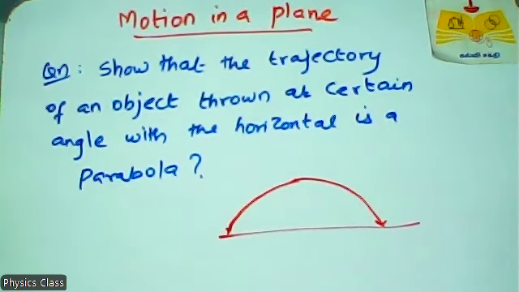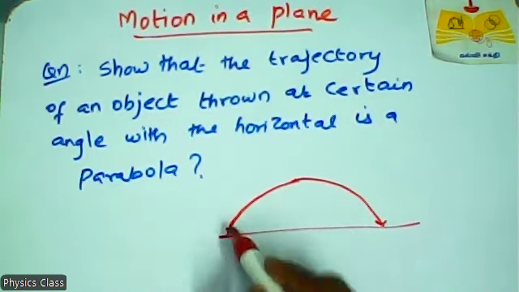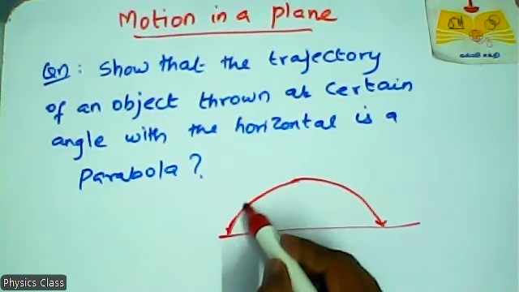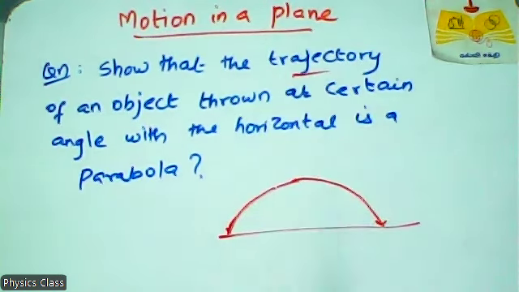So the path of the object is called the trajectory.